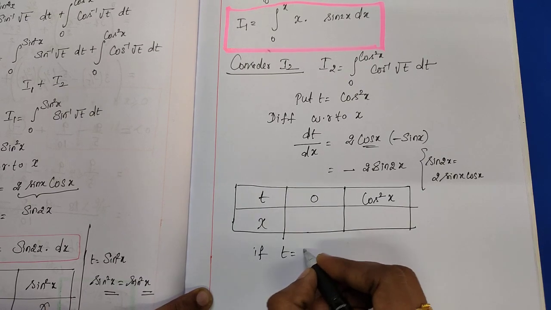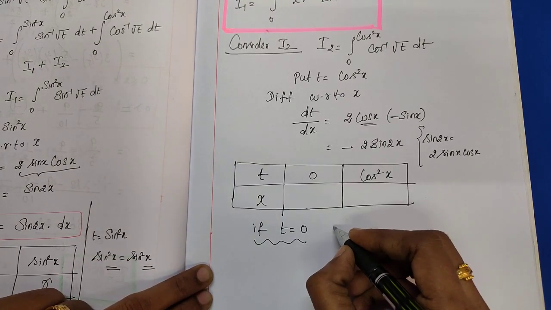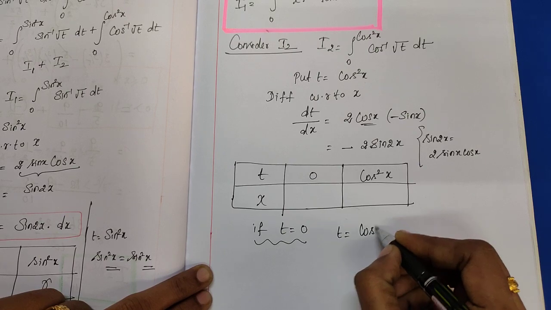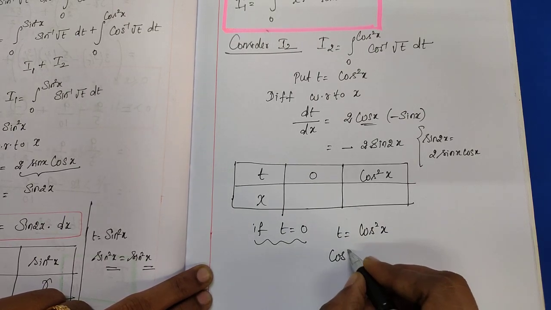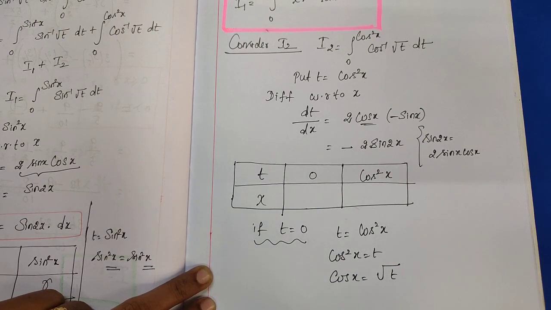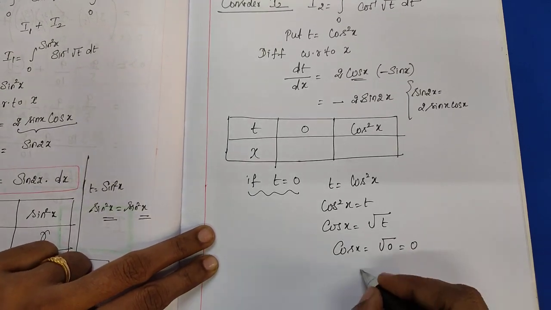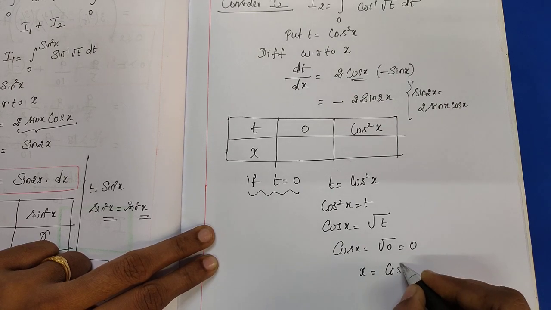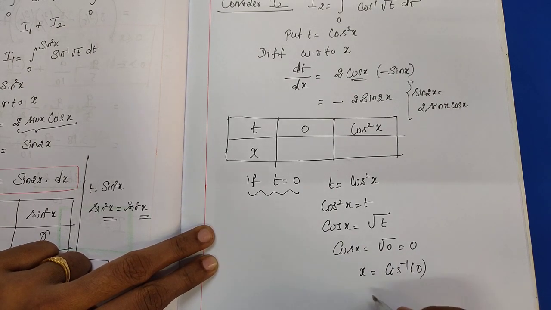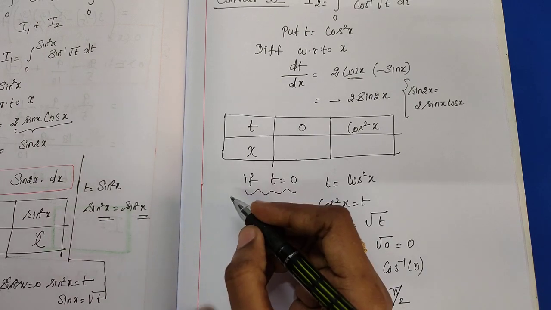If t equals 0, our t is equal to cos square x, so cos square x is equal to t. Next line, cos x is equal to root t. Therefore, cos x is equal to root 0, which is 0. This implies x is equal to cos inverse of 0, which is pi by 2. So write here pi by 2.